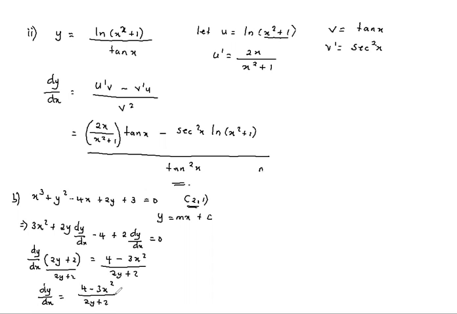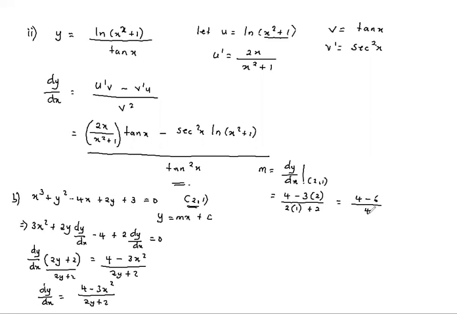Now m is equal to dy/dx evaluated at (2, 1), which is 4 minus 3. Where there's x, you take 2; where there's y, you take 1, plus 2. And this is going to be 4 minus 6 over... so the x is squared, 4.